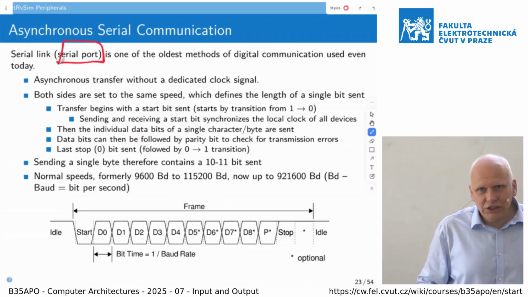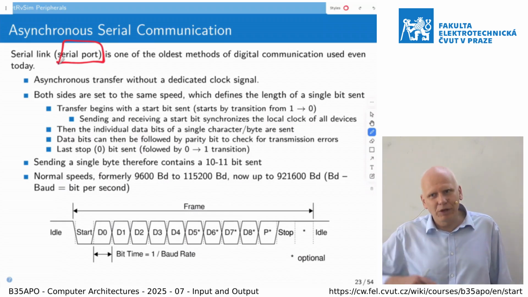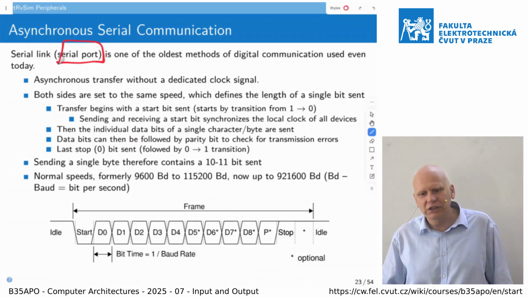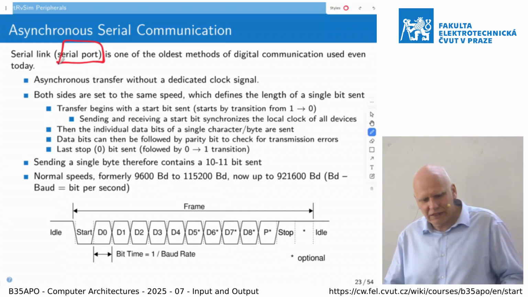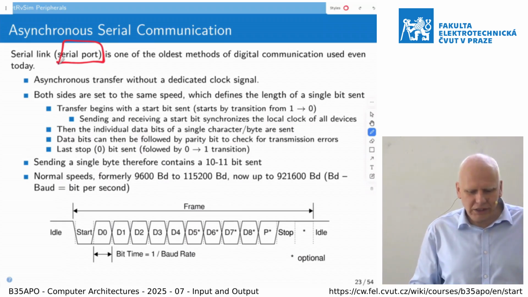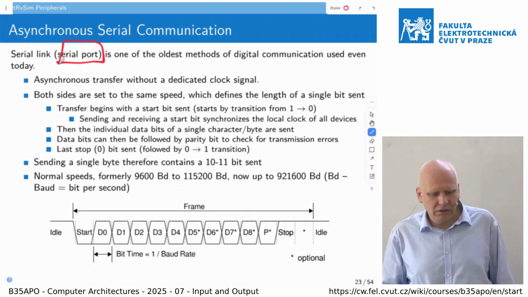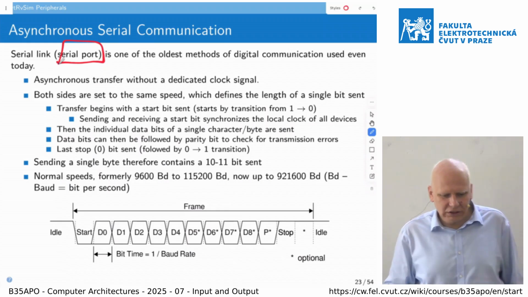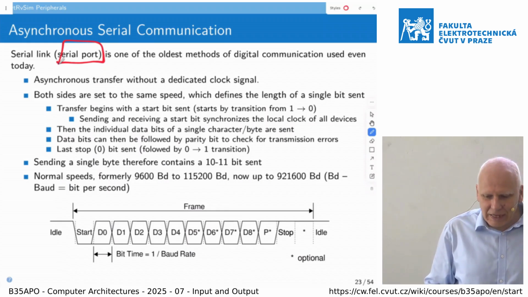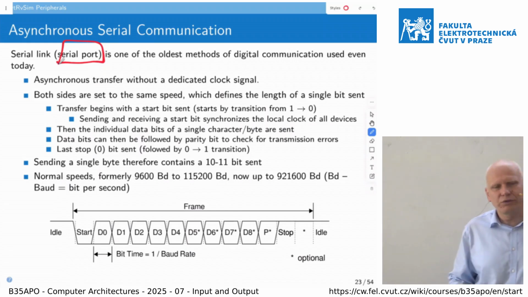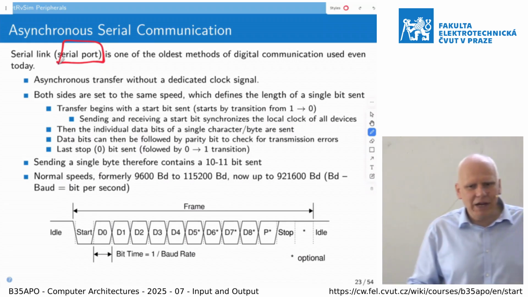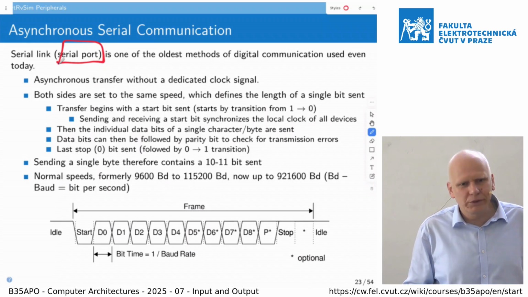Initially it was used over modem communication on dedicated wires, then later on the switched telecommunication network, and even later on some more modern systems. But even though it is so old, it is still used for the initial debugging and development of almost each system.